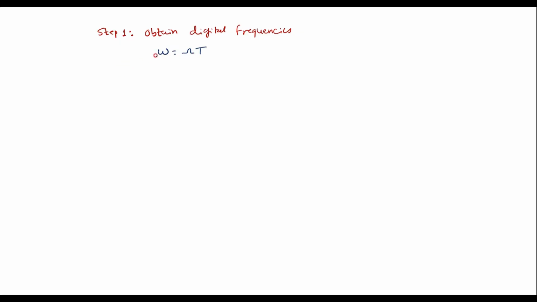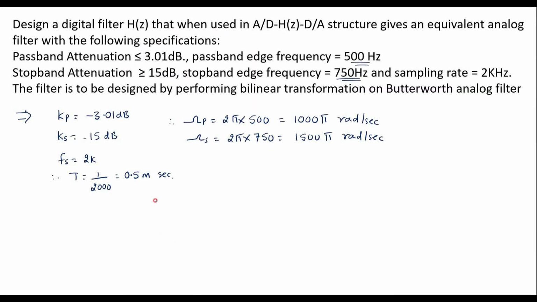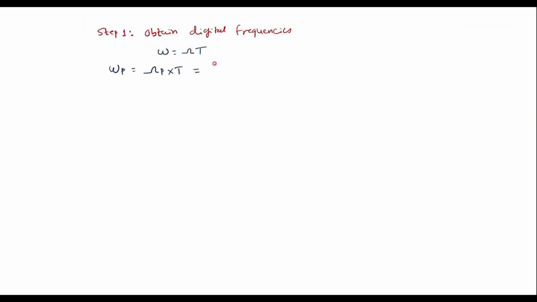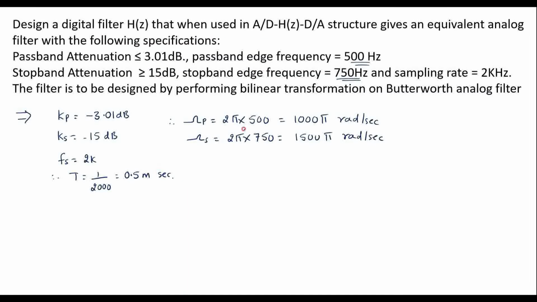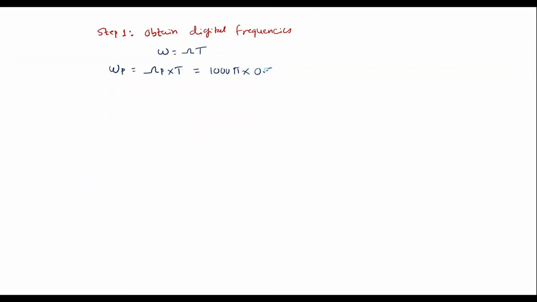Let me calculate passband digital frequency, that is Wp is equal to omega p into T. Omega p is already calculated, that is 1000 pi into T value 0.5 millisecond, into 10 power minus 3. So solving this, we get 0.5 pi.